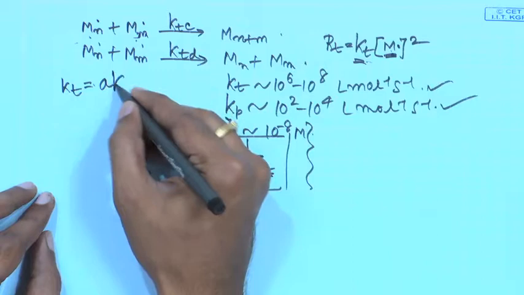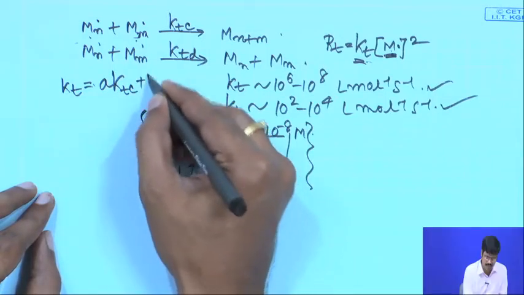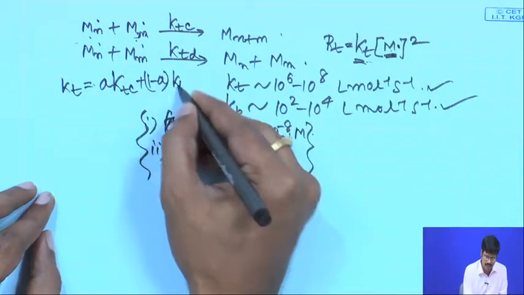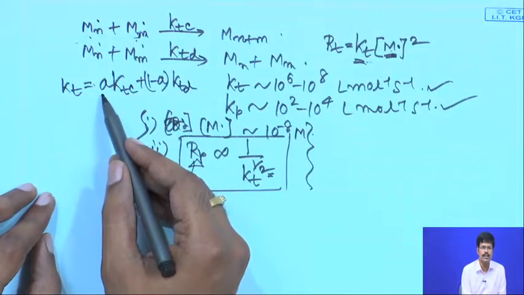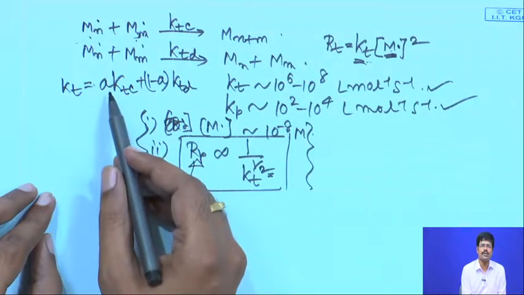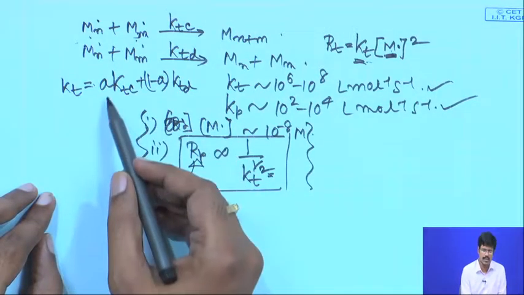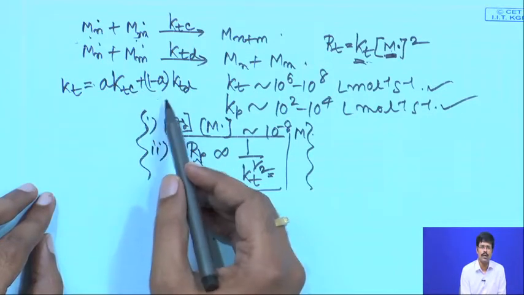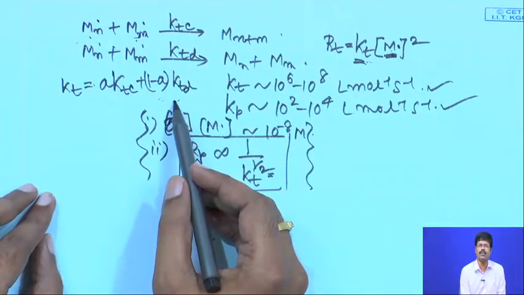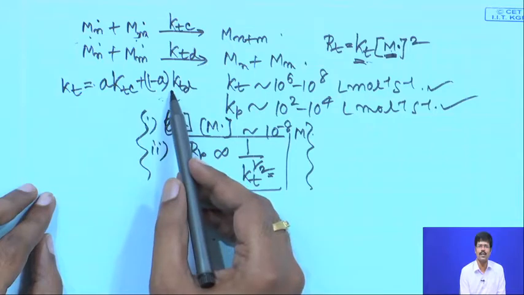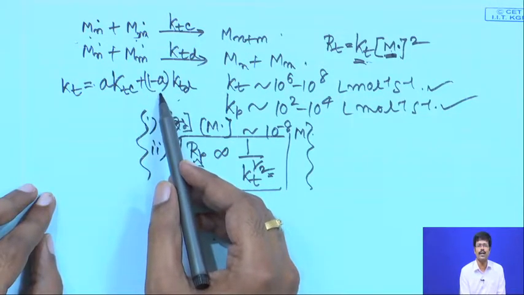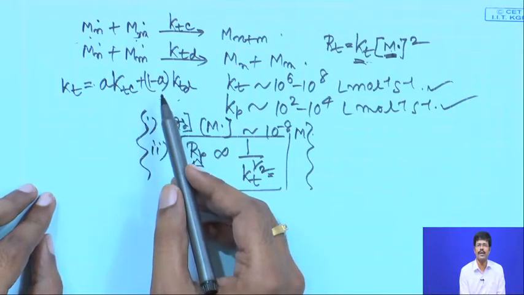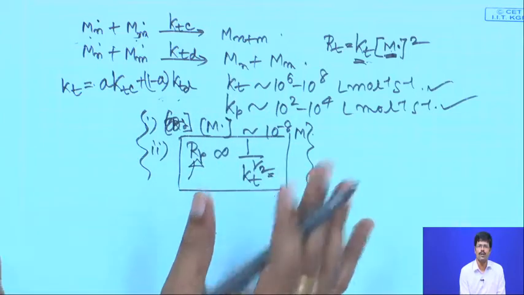So, in that case your kT is basically equal to A into KTC plus 1 minus A into KTD, where A is the fraction of termination through coupling and 1 minus A is the fraction of termination through disproportionation. That is 1 minus A, because we have assumed that there is no other process that is operating for termination.